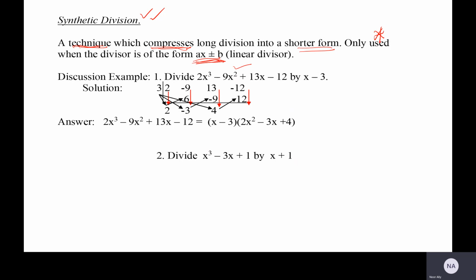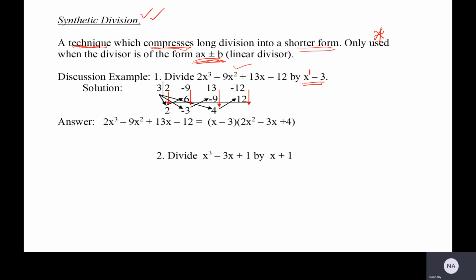Now, obviously, when you just see red arrows going down, then black arrows going from left to right, and you have numbers, where do all those numbers originate? So let's see. Notice that the divisor is linear. Now what do I mean by a linear divisor?